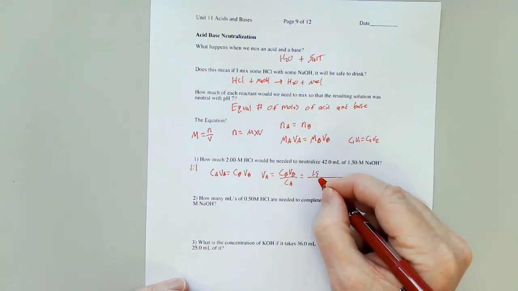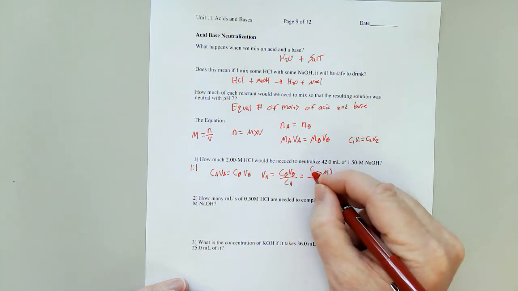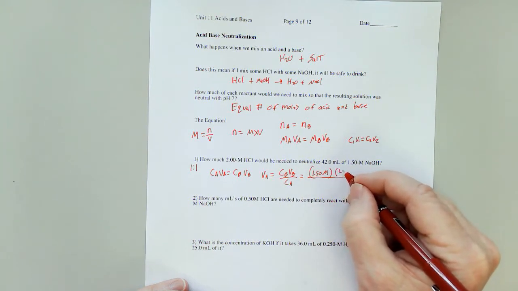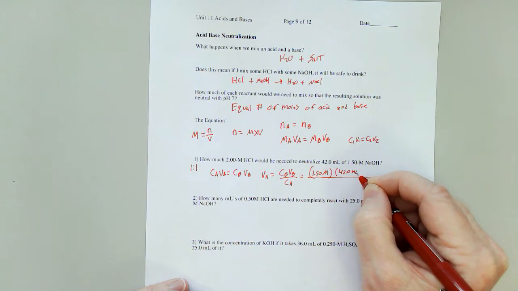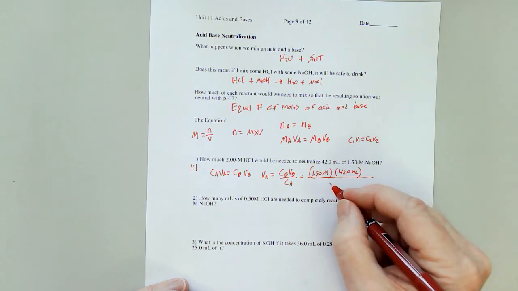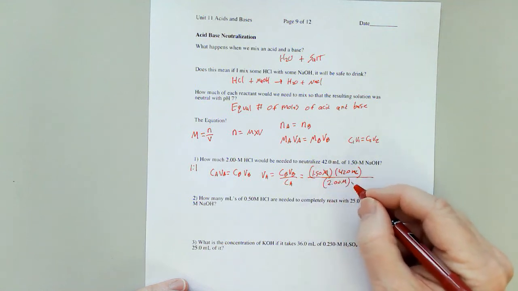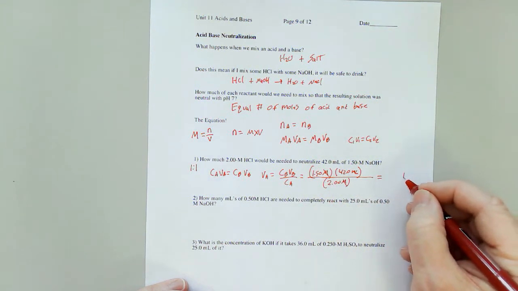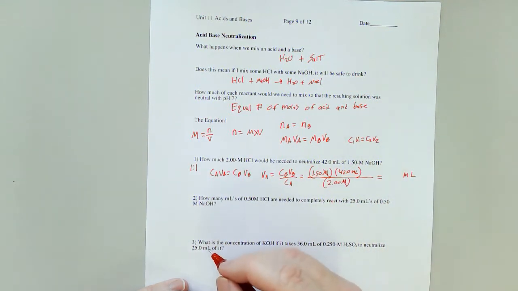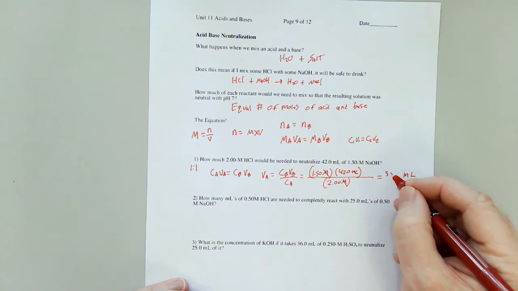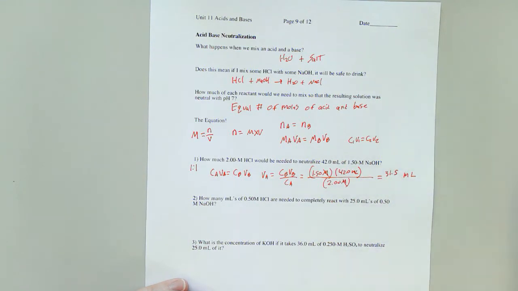Now it's 1.50 molar NaOH times 42.0 milliliters of it divided by 2.00 molar HCl. Molar cancels molar, and I come up with something in milliliters. And I got 31.5 when I ran that through my calculator. Okay? Very reasonable answer here.